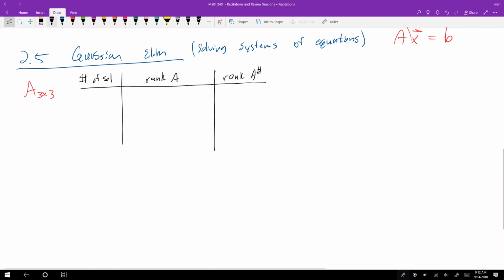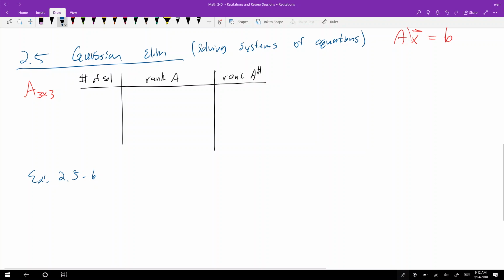Okay, so there's that table, and now we'll take a look at some book problems first to motivate examples. Is this 2.5.6? I think so. Anyways, what do I have?